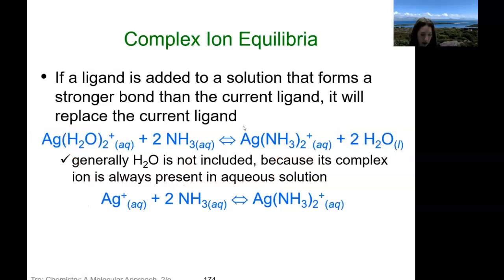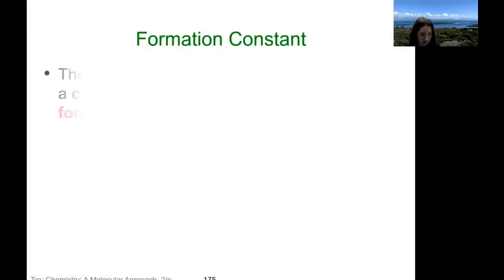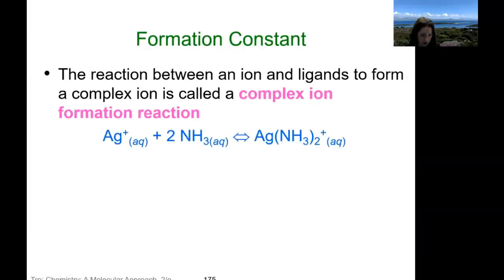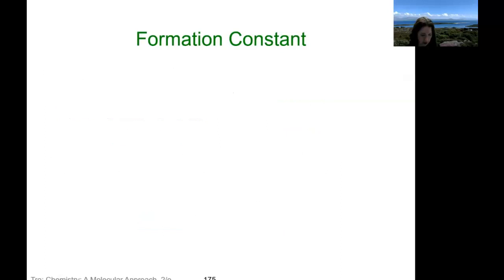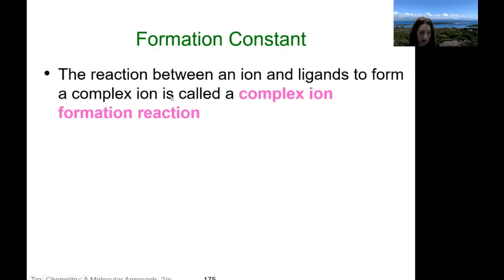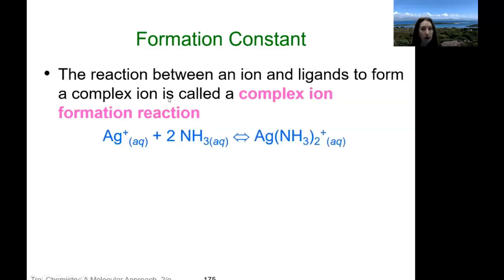Now, sorry, we went too far. It's not letting me go back. That's okay. Now if we're going to write a formation reaction for this, how does this complex ion form? It's silver plus ammonia makes this complex.